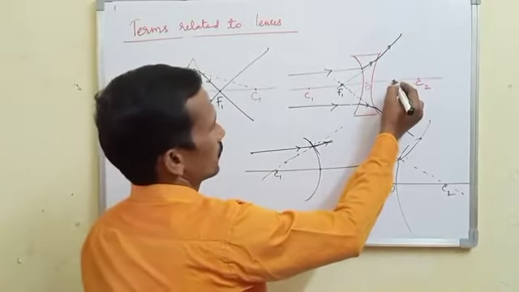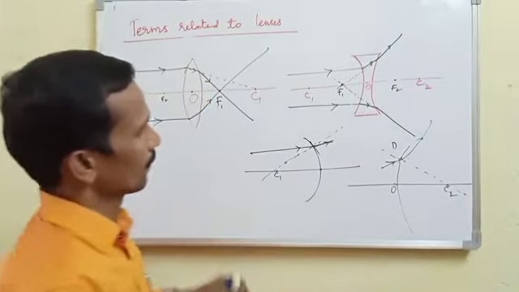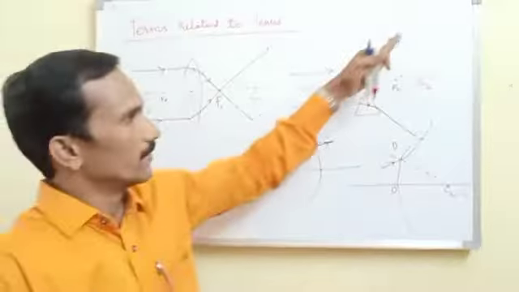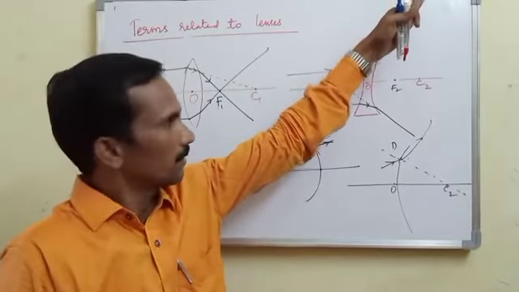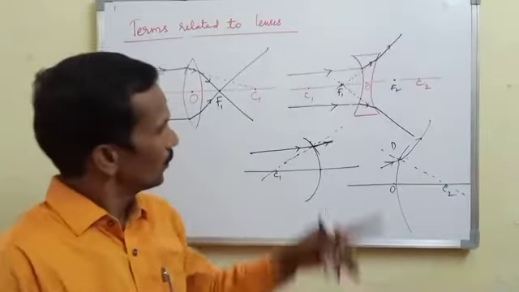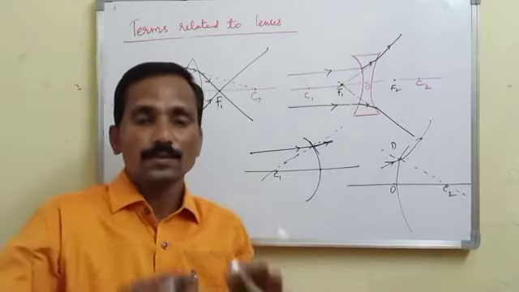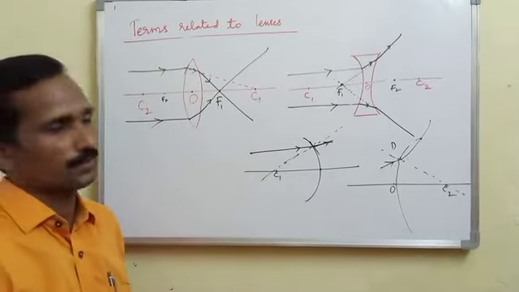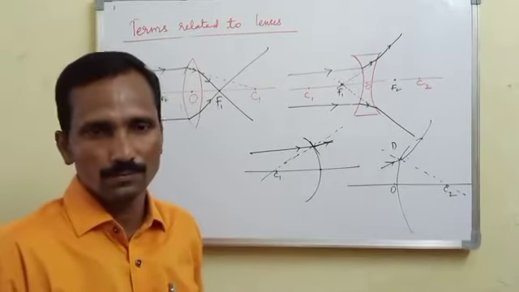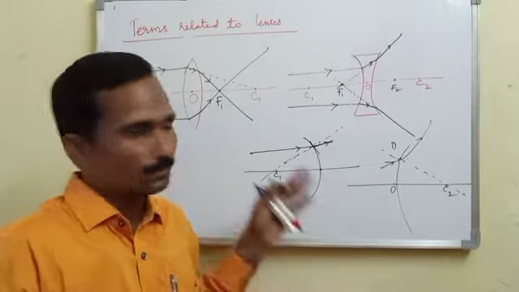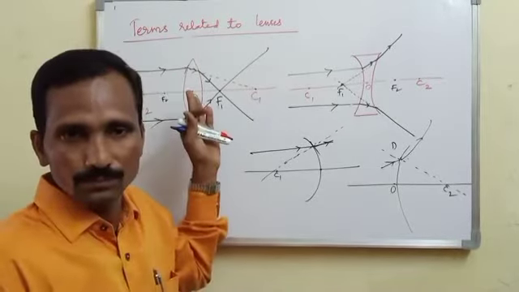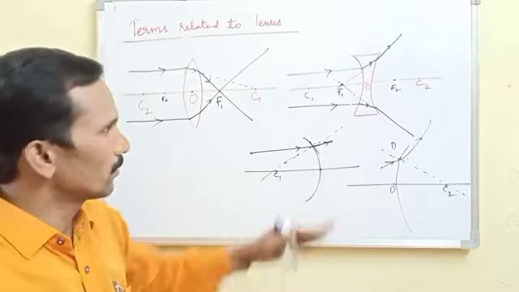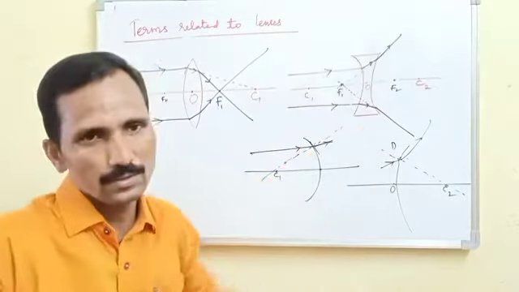Here it is F1, and here F2. So the incident rays and refracted rays are diverging, and this concave lens is called a diverging lens. This convex lens is a converging lens. Are you able to understand now why convex lens is converging and concave lens is diverging?